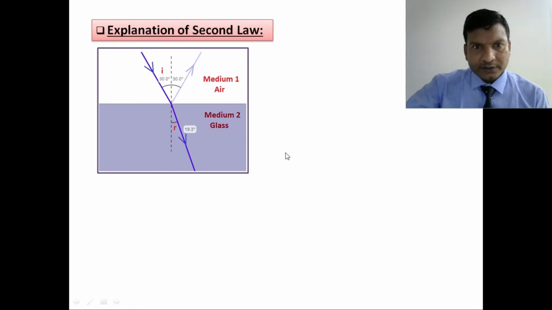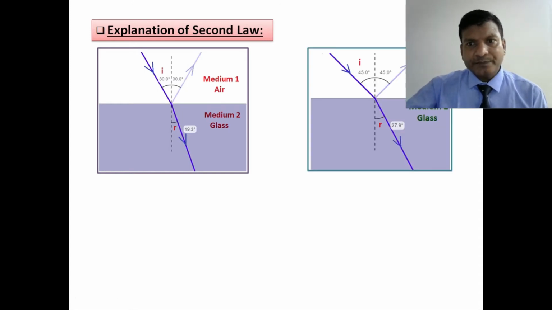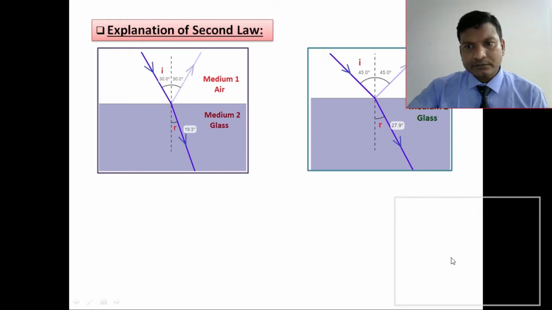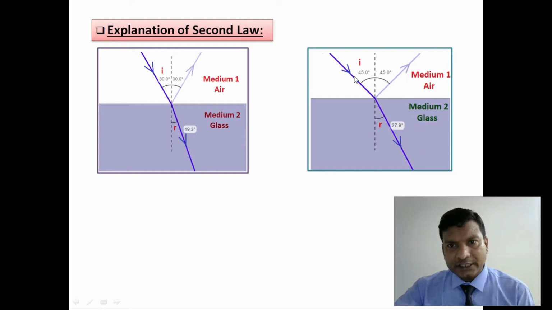Now see the second diagram. In the second diagram, what is shown there? This is the incident ray and this is the refracted ray. Here also I have given the same things: medium 1 is air and medium 2 is glass.